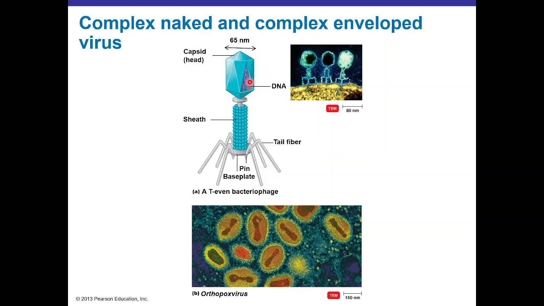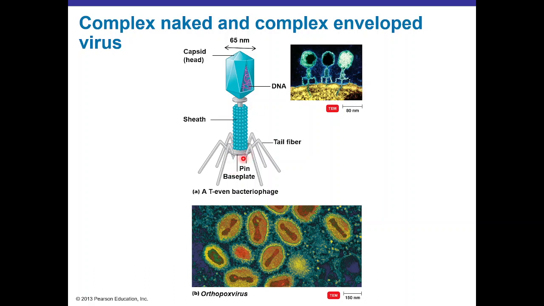Inside the head, it has the DNA, and then it has a neck that attaches to a sheath, and at the end of the sheath it has a base plate with a pin. From the edges of this base plate, this virus has tail fibers. These tail fibers are used by the virus to bind to the receptors of the bacteria.